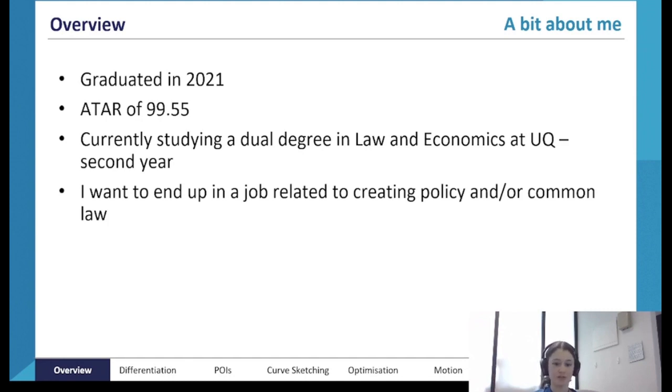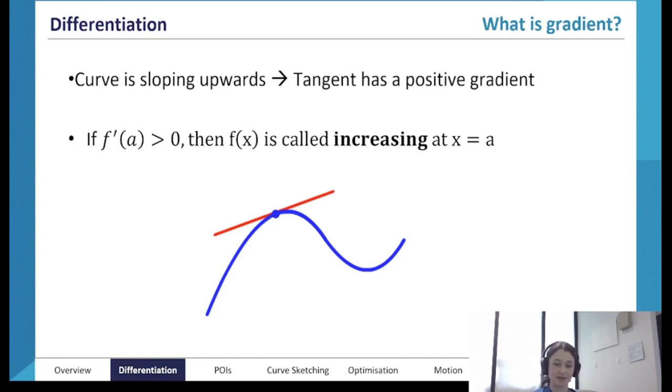So the first thing that we're going to be starting with is an overview of differentiation and gradient. As you might have heard in class so far and learnt in year 11, if a curve is sloping upwards, reading it from left to right, then the tangent has a positive gradient, or the curve has a positive gradient.